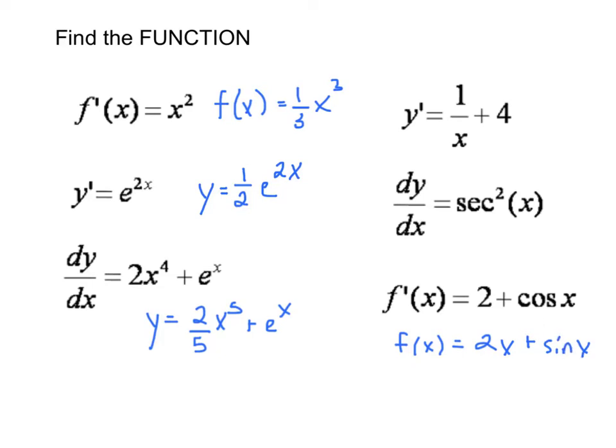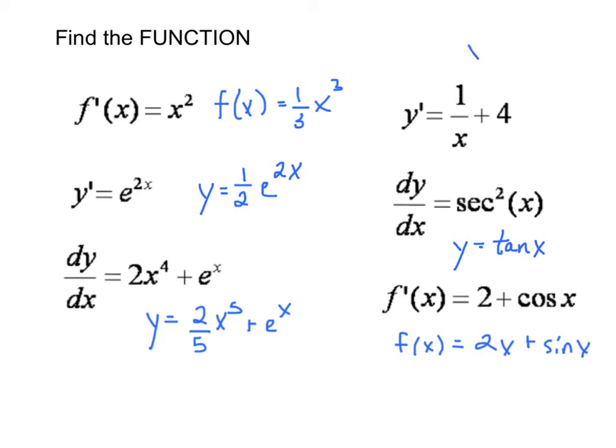So we just use what we know about our derivatives. Next, the antiderivative of secant squared is just tangent, because of course the derivative of tangent is secant squared.